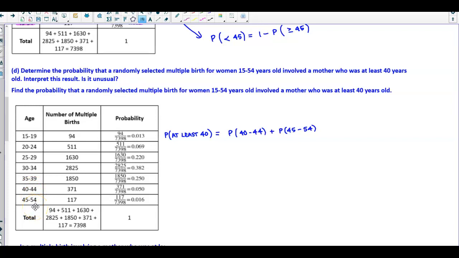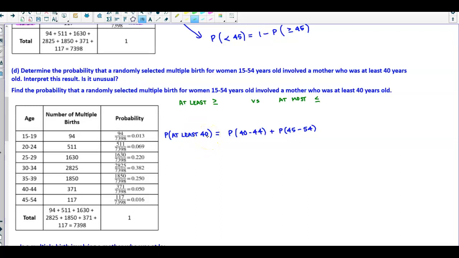So we want to make sure that we know that at least means greater than or equal to, versus at most, which is less than or equal to. You want to know the differences between those two. In this case, we want to figure out at least. So to find at least, we need to find all the numbers that are greater than or equal to 40.